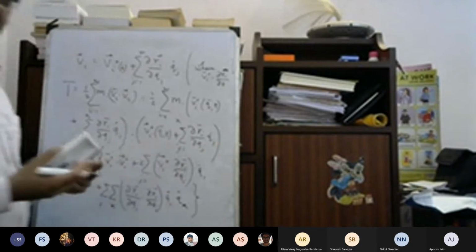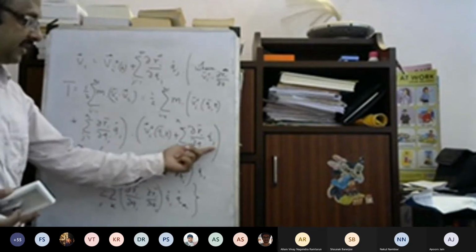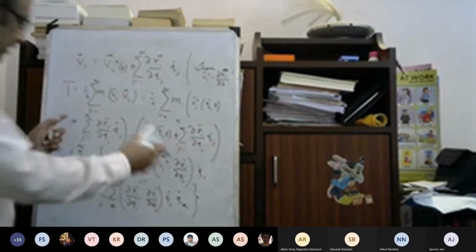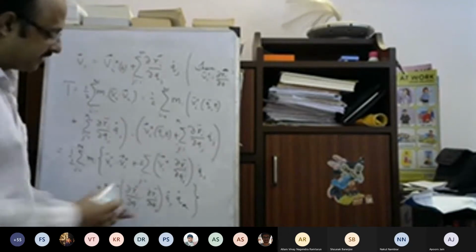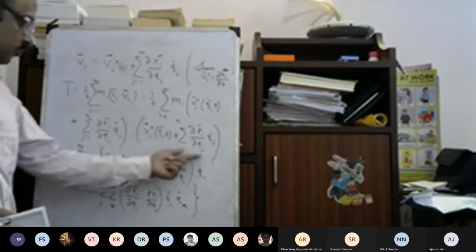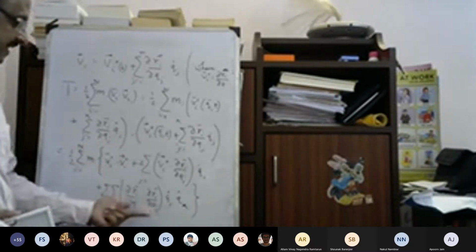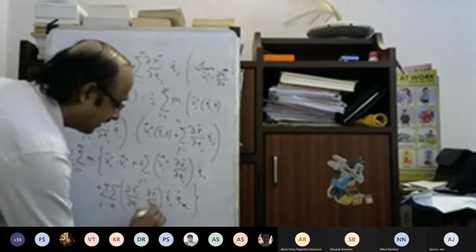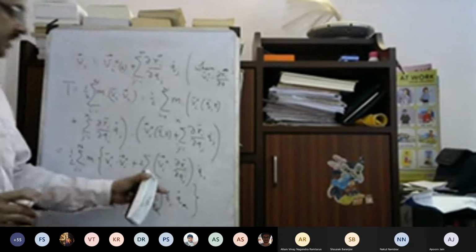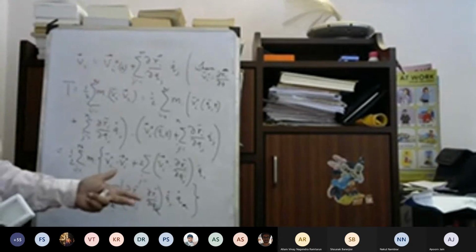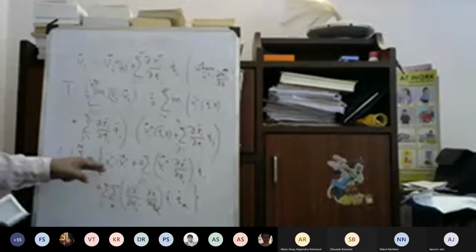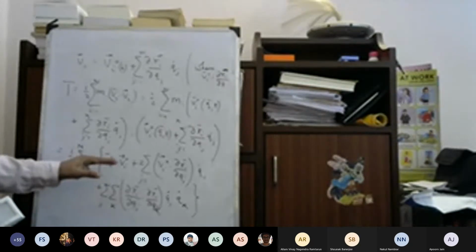So I have to expand the sum, and it remains the same if I replace j by any other index like k. So when I take the dot product, I explicitly write two different subscripts: del ri by del qj, del ri by del qk, qj dot, qk dot. Okay. Is this clear? Right?